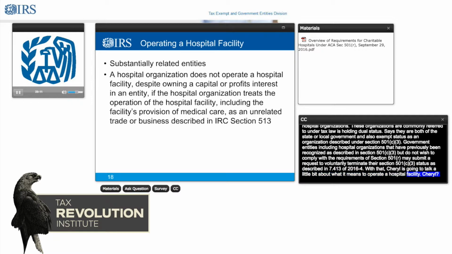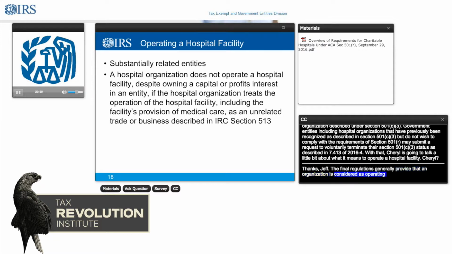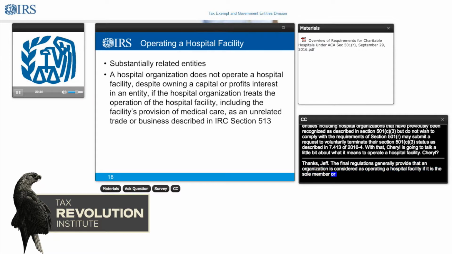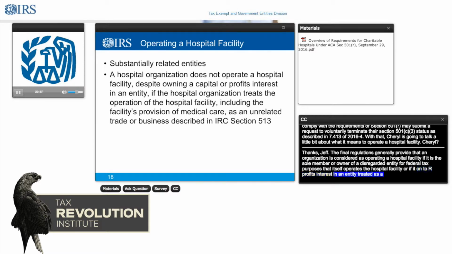Thanks, Geoff. The final regulations generally provide that an organization is considered as operating a hospital facility if it is the sole member or owner of a disregarded entity for federal tax purposes that itself operates the hospital facility, or if it owns a capital or profits interest in an entity treated as a partnership for federal tax purposes that operates the hospital facility.